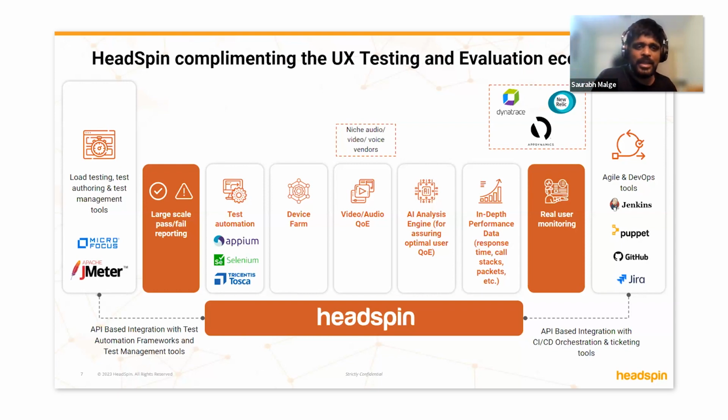HeadSpin easily integrates with a lot of test automation platforms, or is supported with test automation platforms like Appium, Selenium, and even Tosca as well, right? There is possibility of large scale pass-fail reporting by not just performing functional validation, but also performance validation of these applications as well, right?